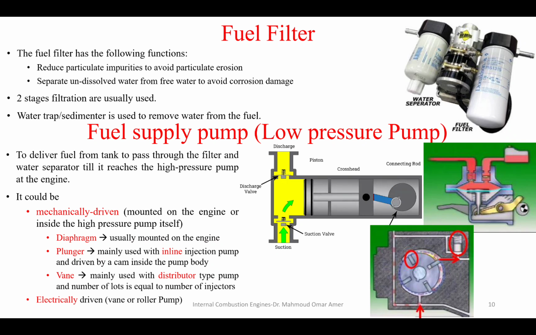That's why in diesel we have two filters. One is a water trap or water separator, and the other is a particulate separator. And by the way, diesel is known to be a very dirty fuel. Diesel fuel has many impurities in it.